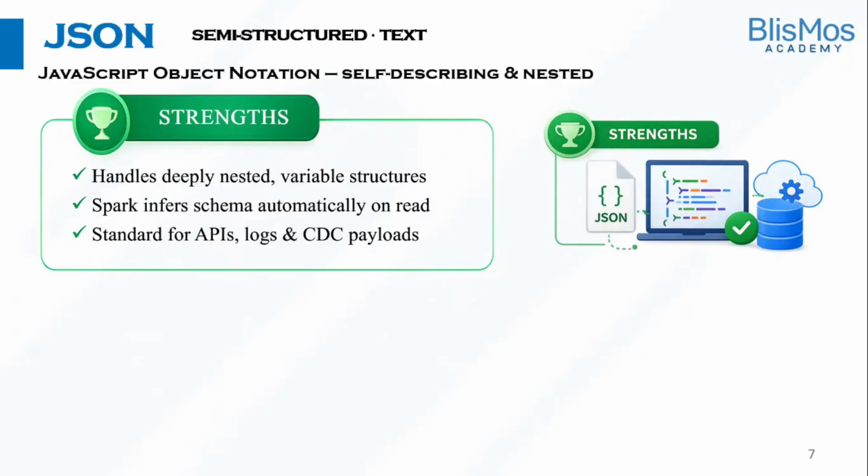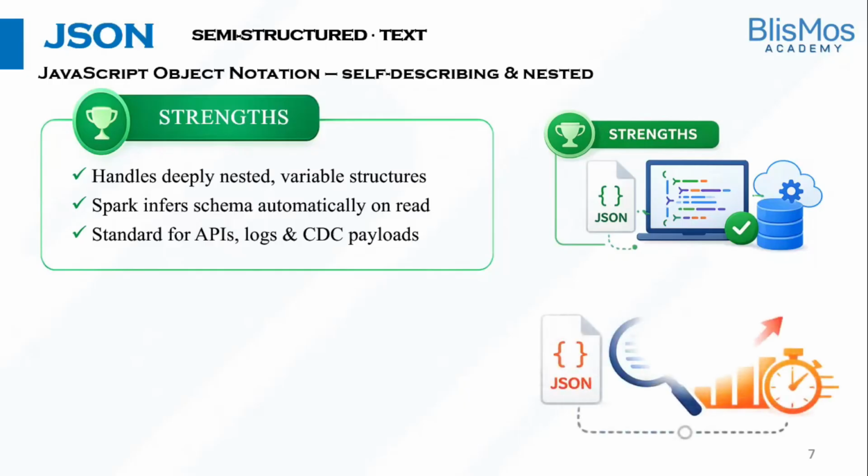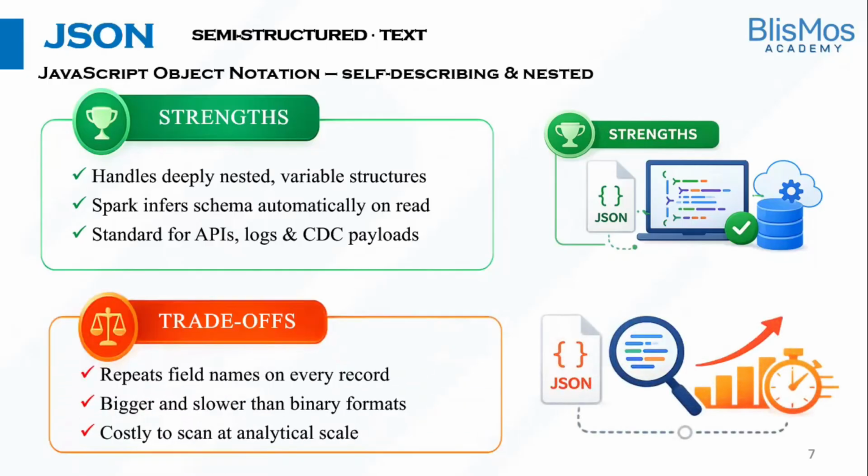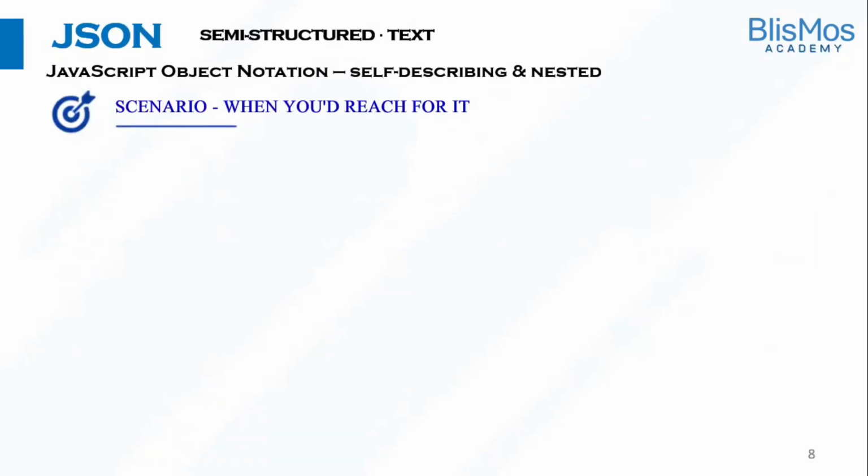Another advantage is that tools like Spark can infer the schema while reading JSON data. But JSON has some trade-offs also. Because the field names and the structural information are repeated across the records, JSON can become much larger than binary formats. Let's take a real world example to understand it. Suppose you're building a data platform for an application.